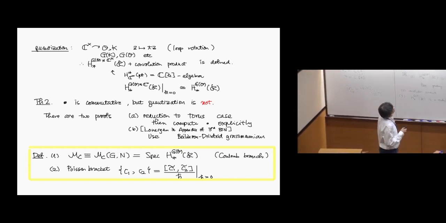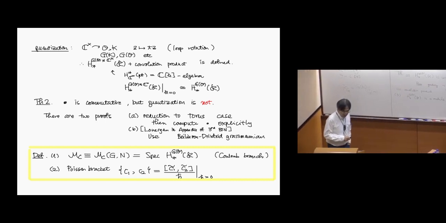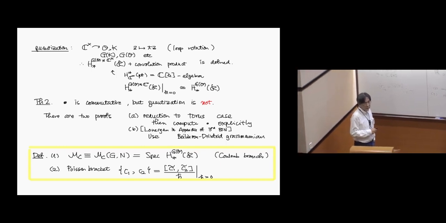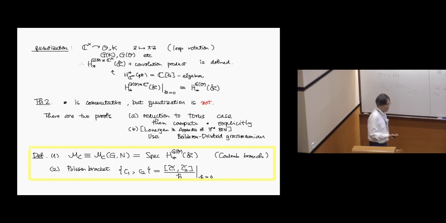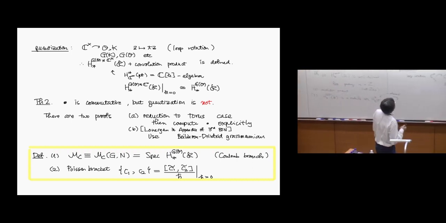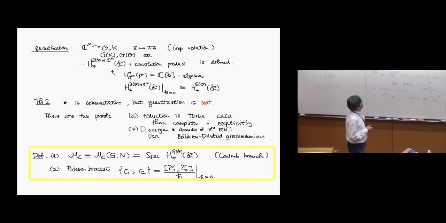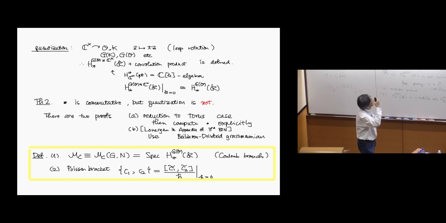There are two known proofs for the commutativity, and I only give one proof, which is computational, by some reduction to the torus case. In the torus case, I explicitly defined this commutative algebra.